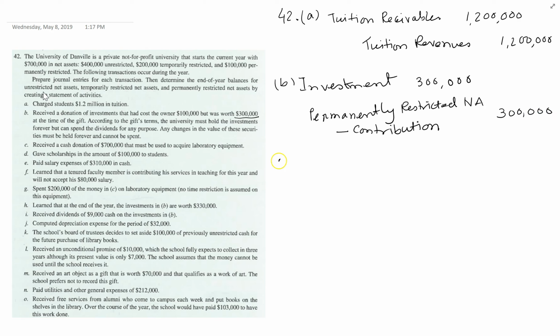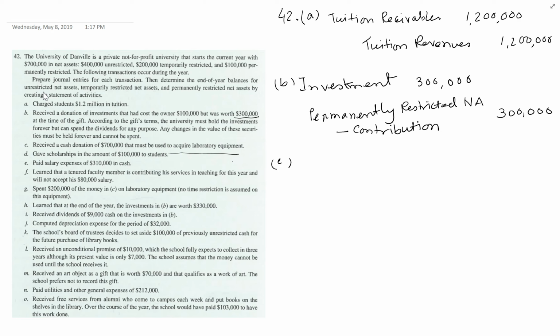Now number C, it says that received a cash donation 700,000 that must be used to acquire laboratory equipment. They received cash, which is simple, cash is increasing, and that will be considered as temporarily restricted because donor imposed the condition that fund will be used to acquire laboratory equipment.